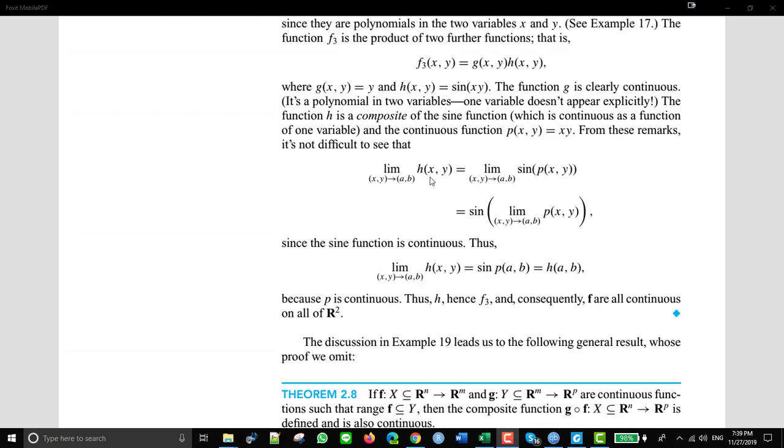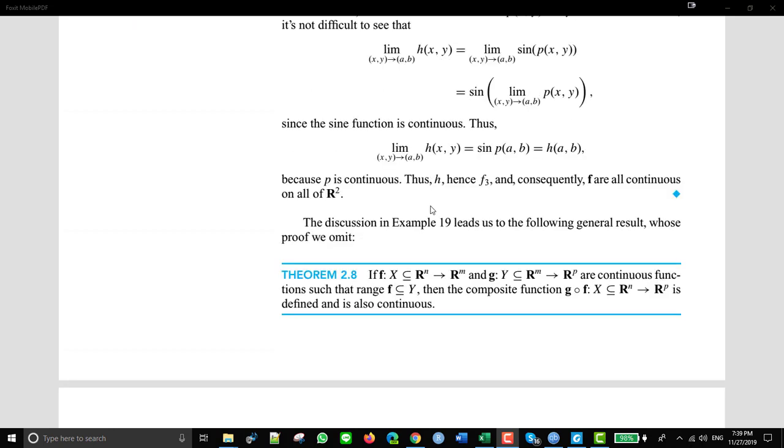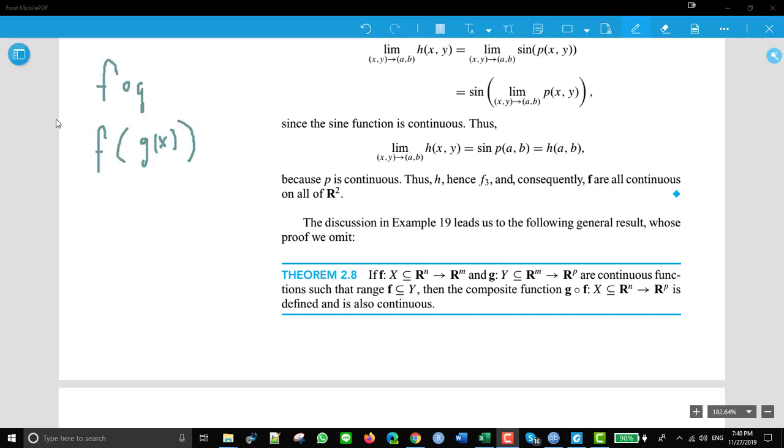But there's one operation we left out, a very important operation for our purposes: composite functions. That means f of g, which is called f circle g. If f is continuous and g is continuous, what about f circle g?